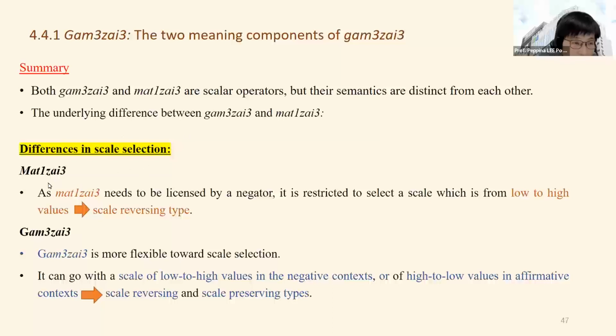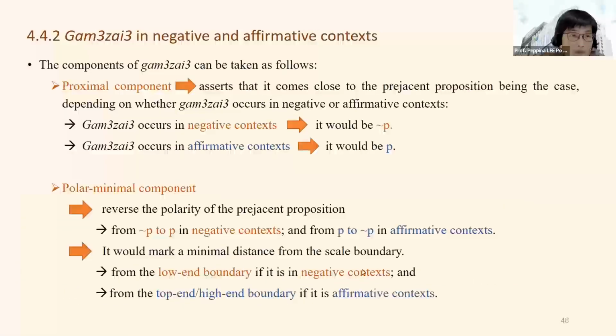The differences lie in scale selection. 乜滯 needs to be licensed by negation. It is restricted to select a scale which is from low to high end, the scale reversing type. For 咁滯, it is more flexible towards scale selection. It can go with a scale of low to high values in a negative context, or high to low values in an affirmative one. In other words, 咁滯 goes with scale reversing or scale preserving ones.